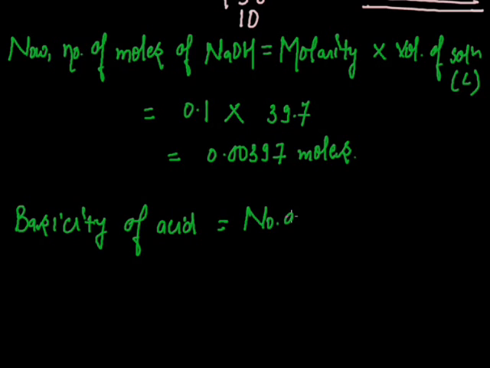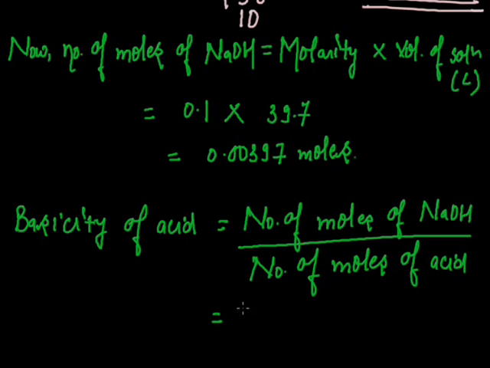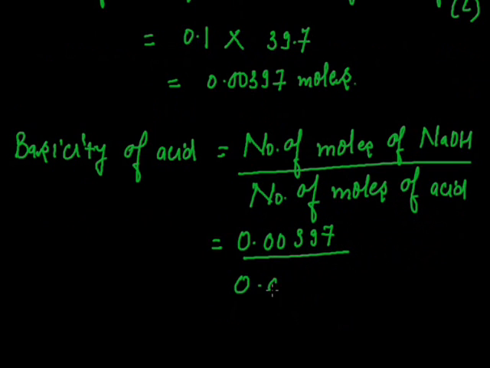So, number of moles of NaOH divided by number of moles of acid, and we'll just put in the values: 0.00397 divided by 0.00198, and it will be approximately equal to 2. So the basicity of the acid will be 2.